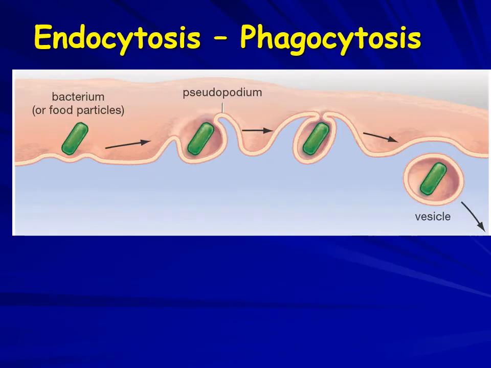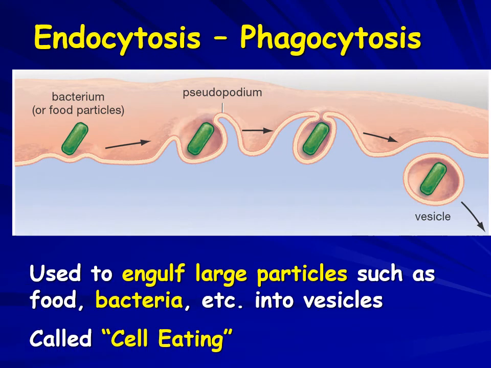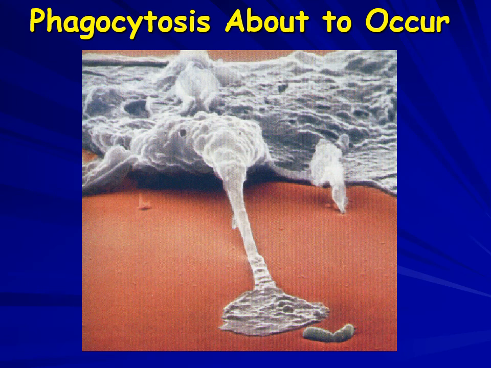Okay, endocytosis or phagocytosis is where it's kind of the opposite of pinocytosis. Something is going to come to the cell plasma membrane, and the plasma membrane is going to surround it and pull it into it, like bacteria. And I have this picture here.